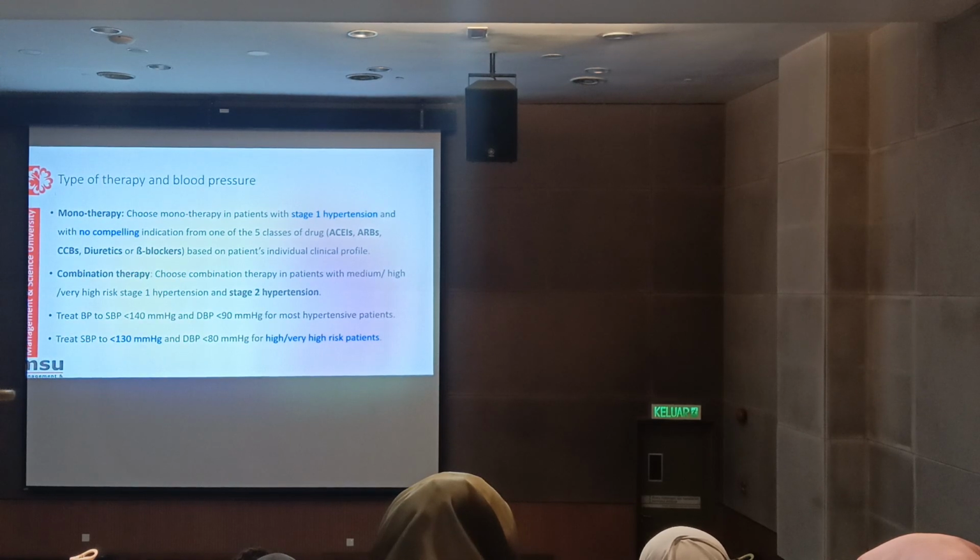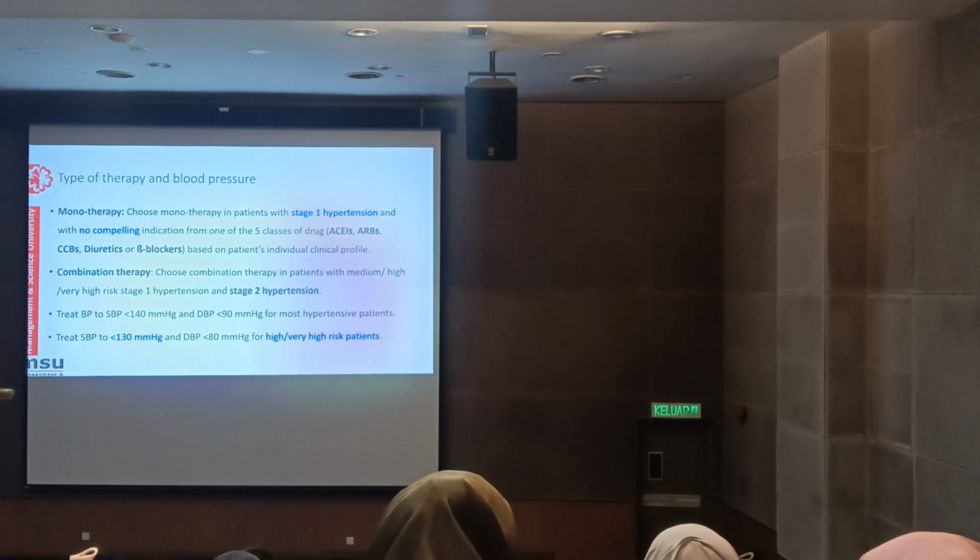Blood pressure, or systolic blood pressure, as I mentioned before, should be less than 140 and less than 90 millimeter mercury, so you have to achieve that. If the patient has a high risk, it should be less than 130 systolic.